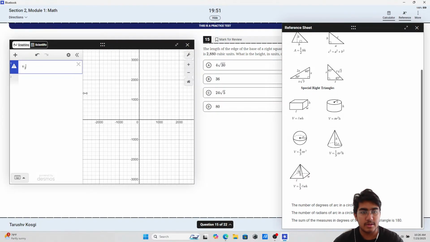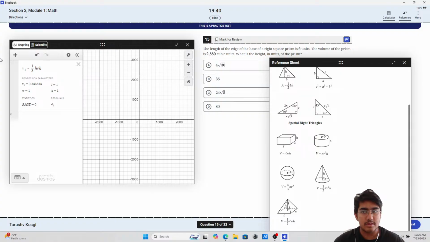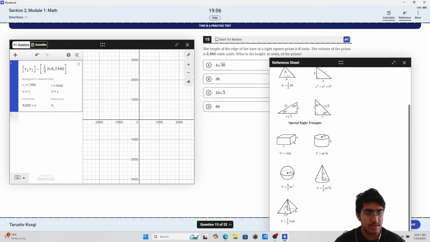So if V1 is equal to 1/3 length, width, and height, and the volume is also equal to, so V1 is also equal to 2880, then we know the length, which is this right here, is actually 6.